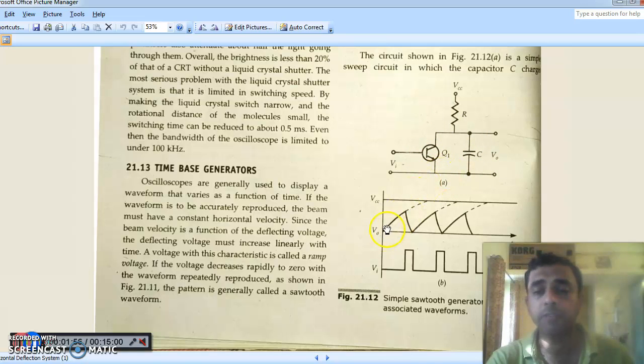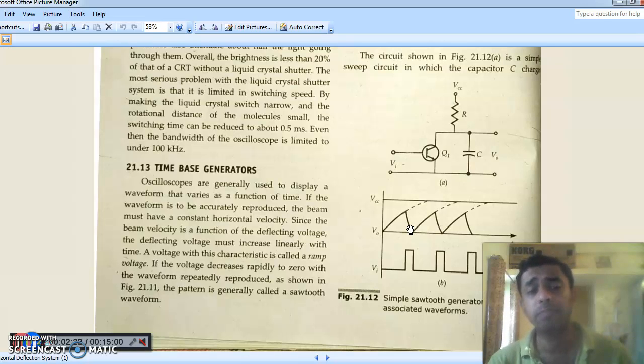So we get charging, discharging, charging, discharging. It resembles a sawtooth waveform, but the charging and discharging equations are exponential, exponentially growing and exponentially decaying. So it's non-linear, and we expect a linear curve. So this circuit is never used; this is just to give a basic idea.